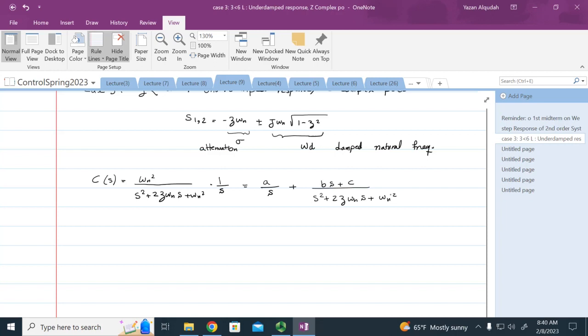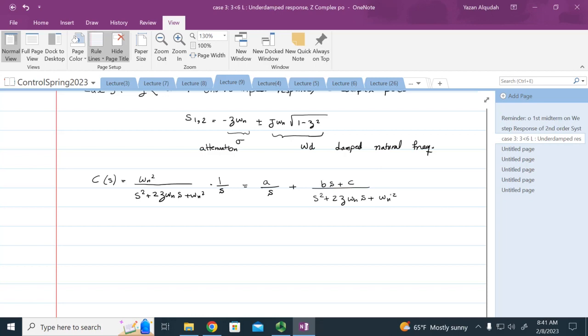If I had just b multiplied by s, and then try to verify that this is equal to this, it will not work. You realize I have to have b multiplied by s plus c to be able to make this side of the equation equal this side. Does that make sense, everybody? So I don't want somebody looking at this and saying, oh, how did he know it's bs plus c?